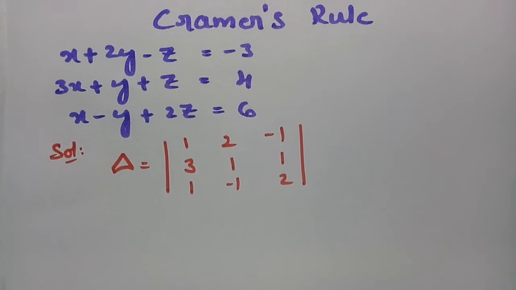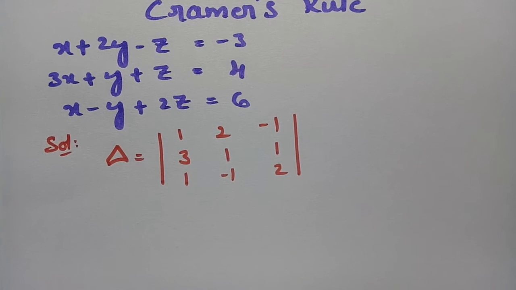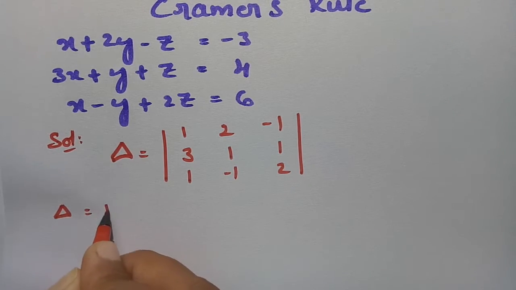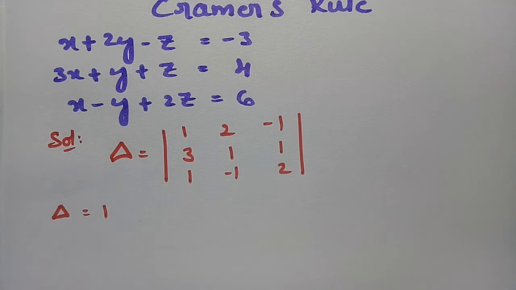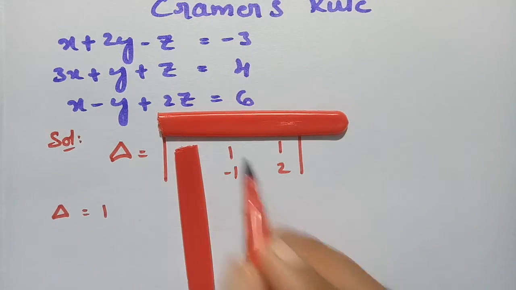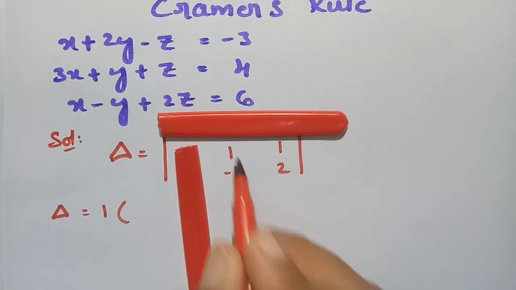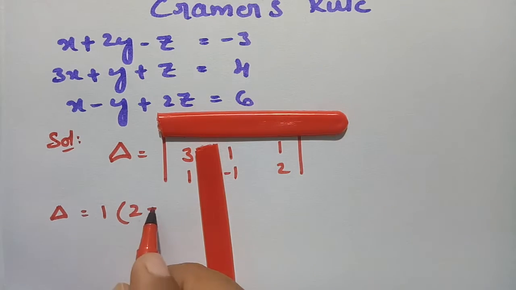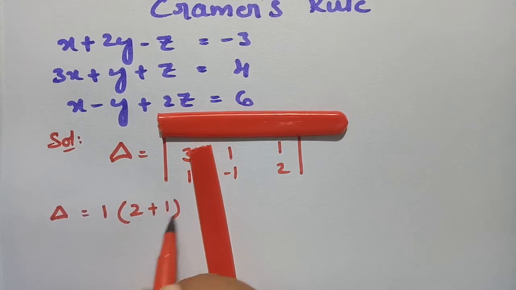First I have to find the determinant for this. For finding the determinant, it's very common: 1 times, we close the corresponding row and column. This will be 2 ones are 2 minus, and this is again minus, so minus 1, minus of minus plus 1.